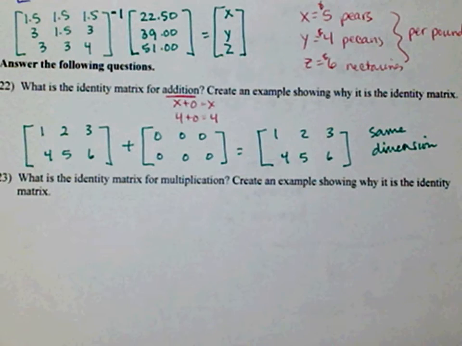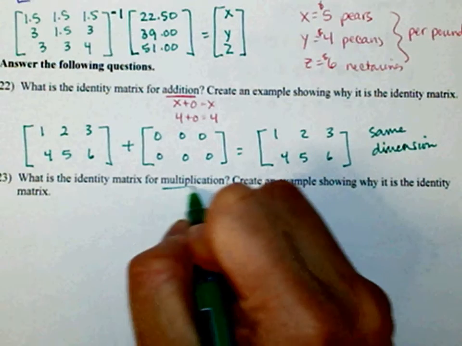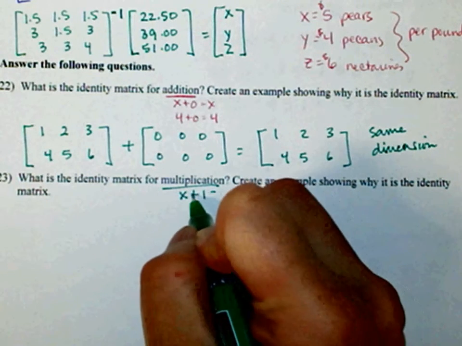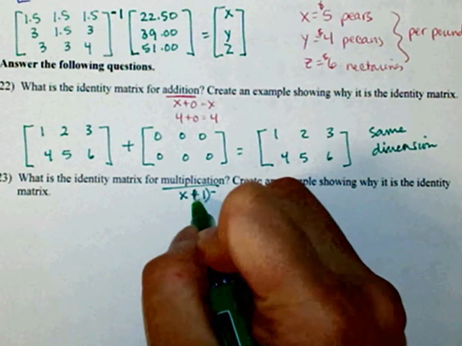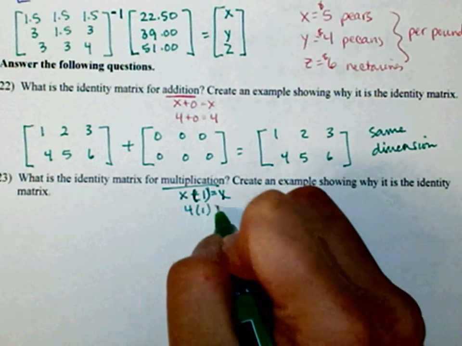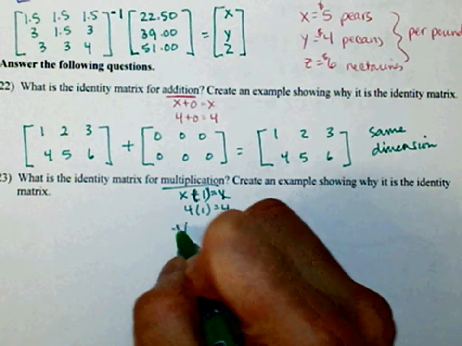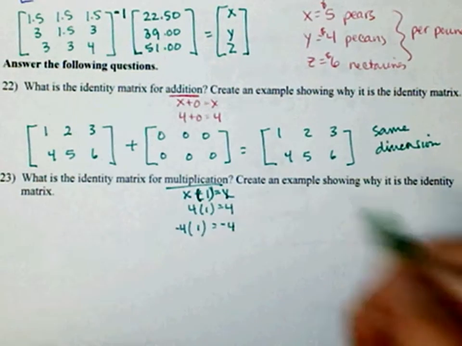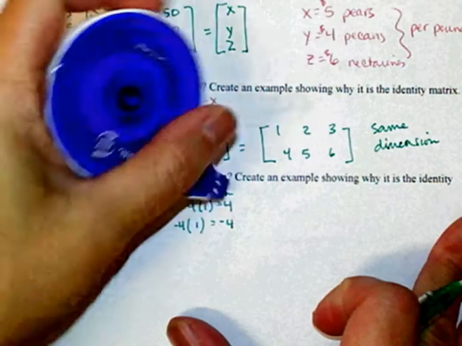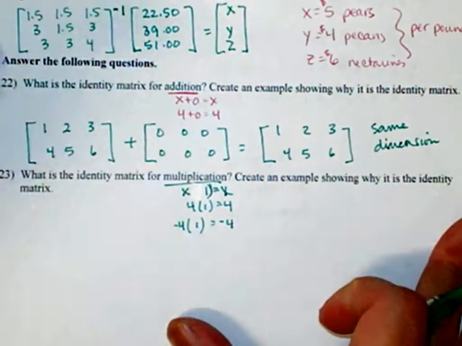Multiplication matrix. Well, what does it mean when you are multiplying? That means anything times 1 is itself. X times 1 is x. 4 times 1 is 4. Negative 4 times 1 is negative 4. See how everything times 1 is that number. Let me rewrite this one so it doesn't look like a negative, okay?